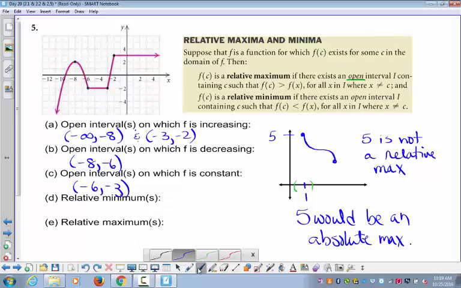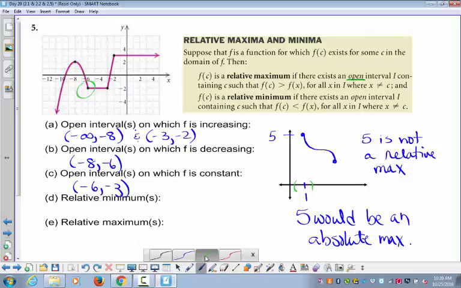Relative mins. All right. Let's take a look right here. Is that a relative min? No. For it to be a relative min, it has to sit below the surrounding points, below its neighbors. And it's not sitting below its neighbors. Right? It's equal to its neighbors right there. So that value of negative 2 would not be considered a relative min, because it's got to be sitting right below.